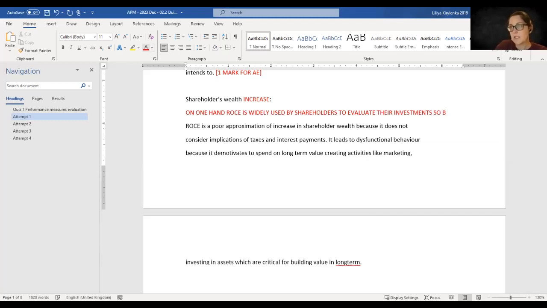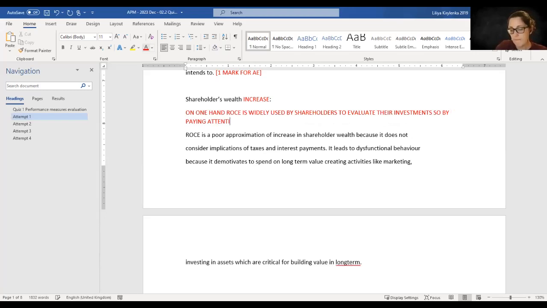So by paying attention to it, POPA will ensure that investors are happy with the results.